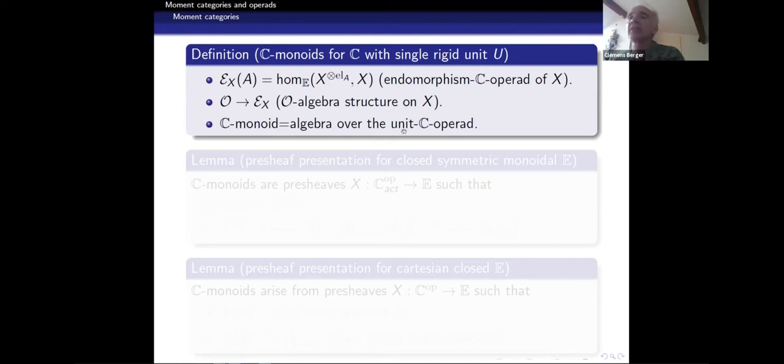So if in your category E the monoidal structure is the Cartesian product, then the unit C operad is the terminal C operad.